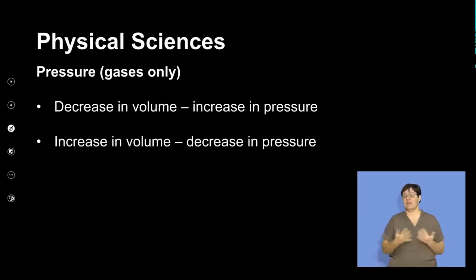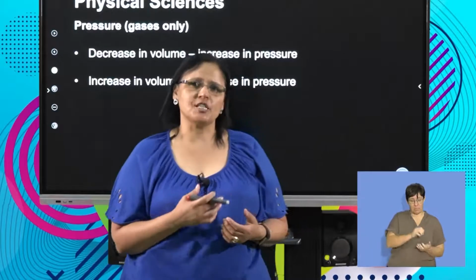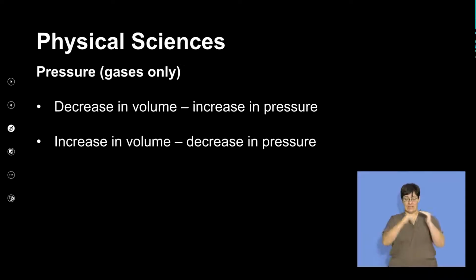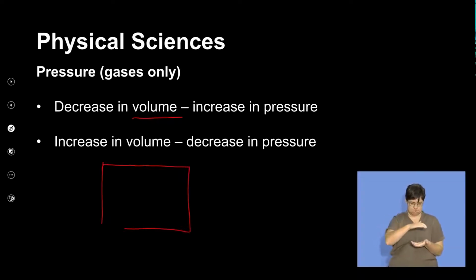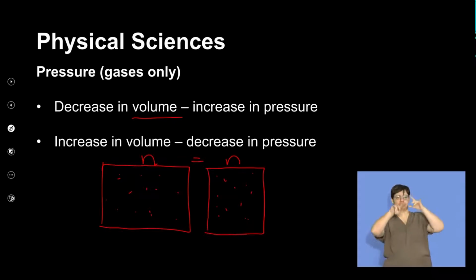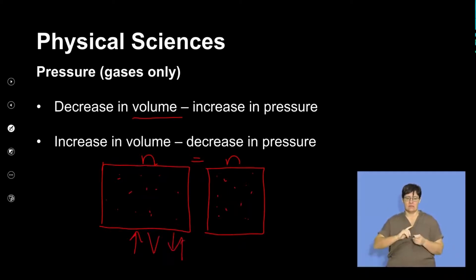So if I decrease my volume to half of the previous size, and I still have the same number of particles, remember, your number of particles must stay the same, then in a bigger volume I have less pressure because there's less collision, and in a smaller volume I have more pressure.